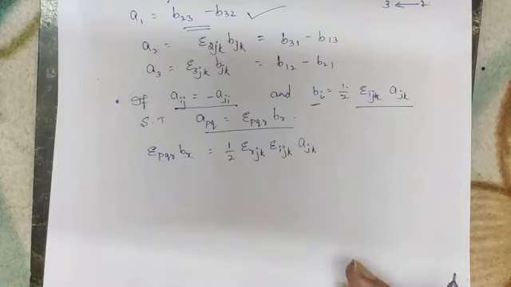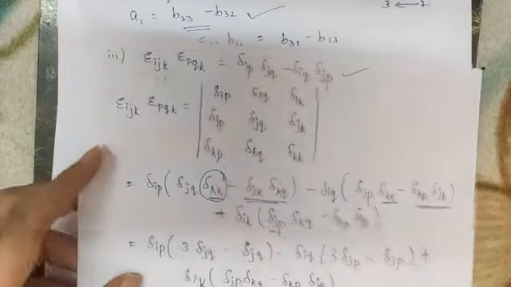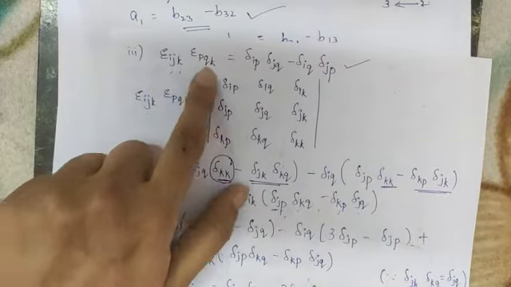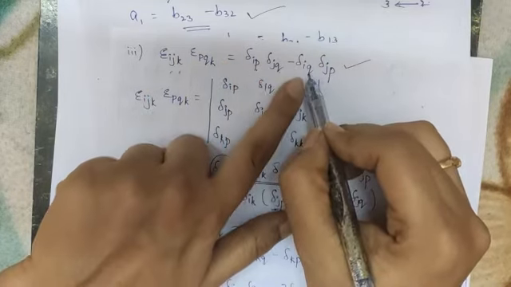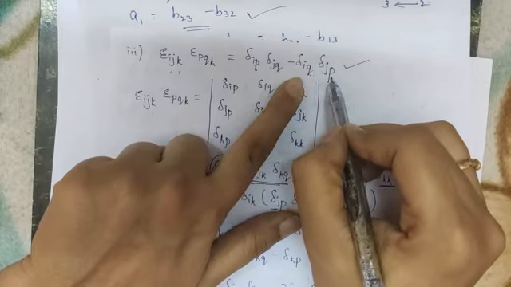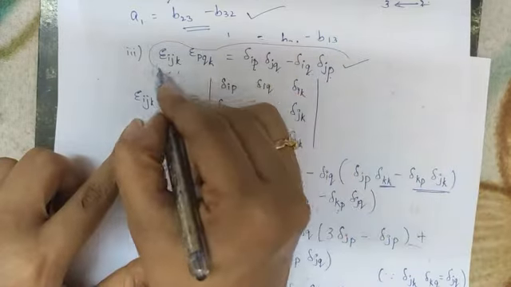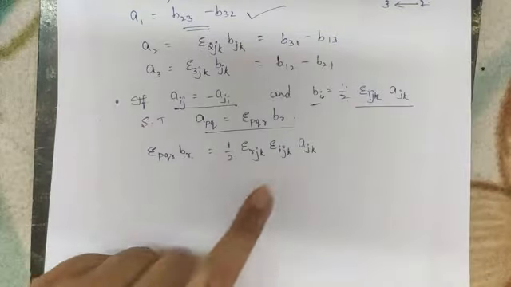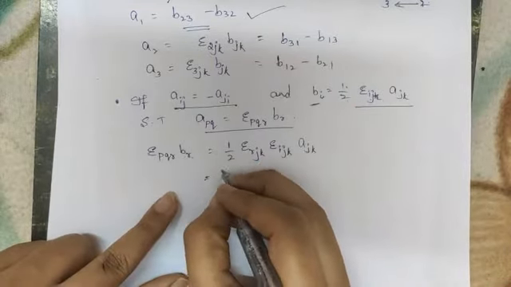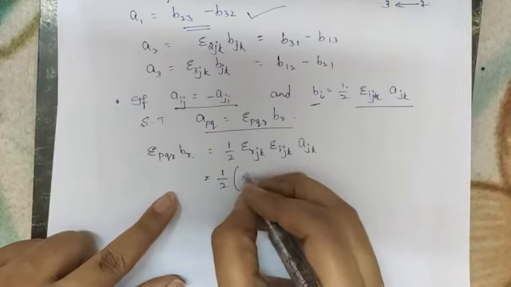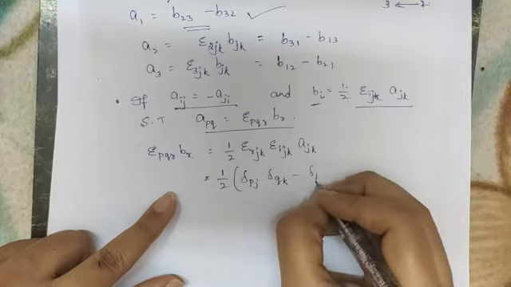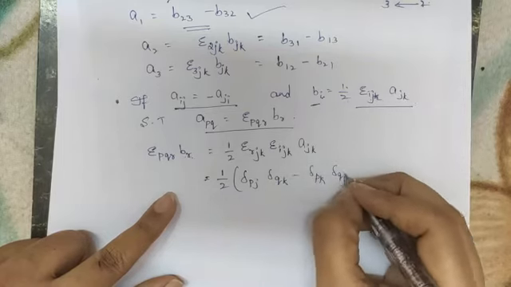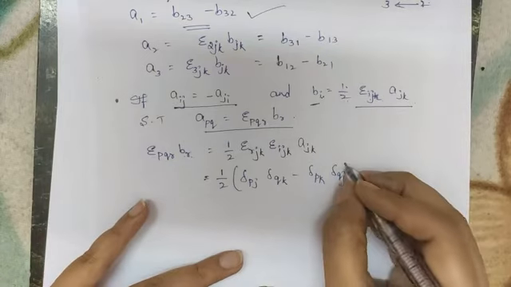So in the previous discussion we have seen that epsilon ijk epsilon pqk is equal to delta ip delta jq minus delta iq delta jp. I will use this equality here. Okay. So you will get 1 by 2 into delta pj delta qk minus delta pk delta qj. Compare the suffixes, this is not difficult, right?